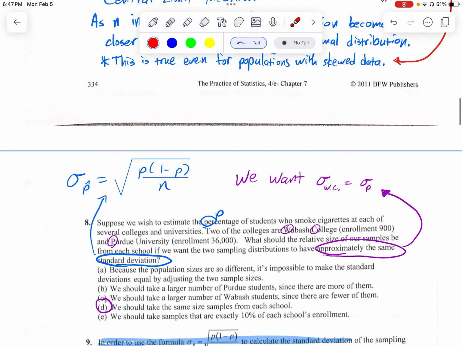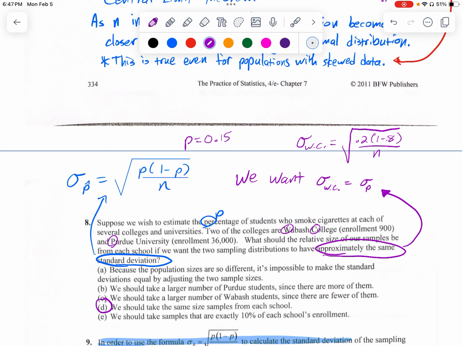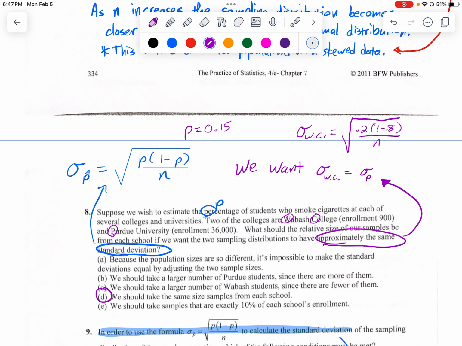So maybe put numbers to it. Let's say that P, I don't know, what percent of kids smoke? 15%. I made that up. So for Wabash College, WC, the standard deviation would be 0.20 times 1 minus 0.80 divided by n, okay? But then wouldn't it be the same exact thing for Purdue?